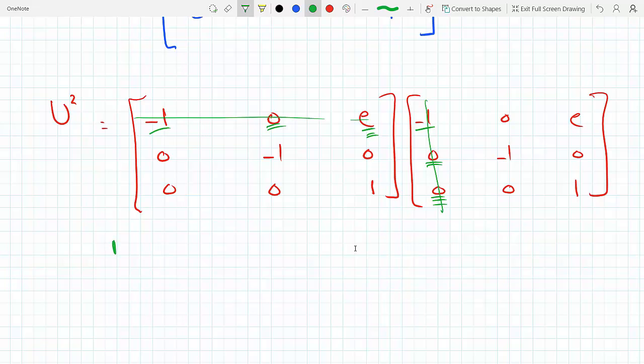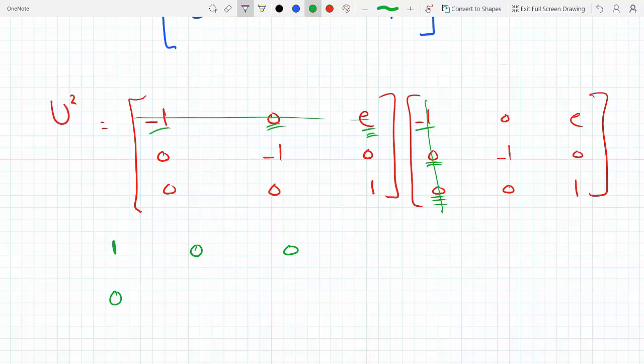And then I move on, first row, second column, and I do the same thing. So 0, 0, 0, so this is a 0. And then first row, third column, minus E plus 0 plus E, so that's a 0. And then second row, first column, 0, so this is a 0.